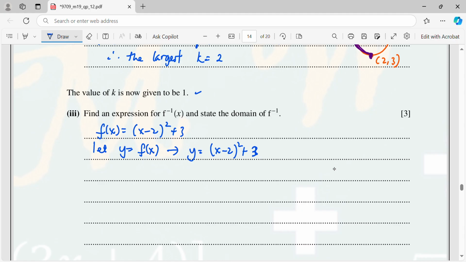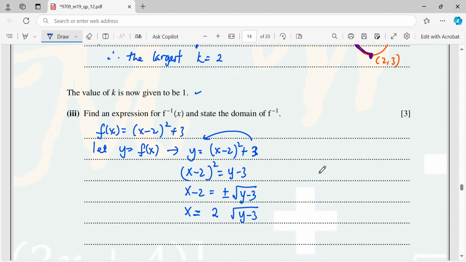So the plus 2 moves to the left side and becomes minus. Plus 3 moves to the left side and becomes minus. So I'm getting (x minus 2) squared equals y minus 3. Then eliminate the square by taking plus minus square root. Then my x, I move the minus 2 to the other side and it becomes 2. And then I cannot write down the plus minus. I have to decide whether it's plus or minus.